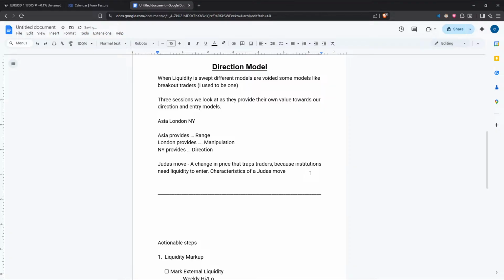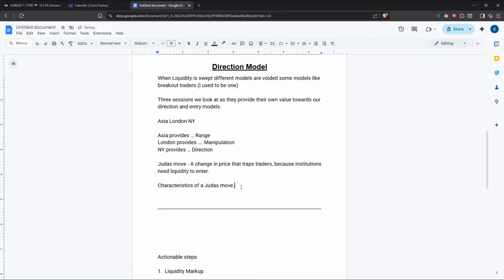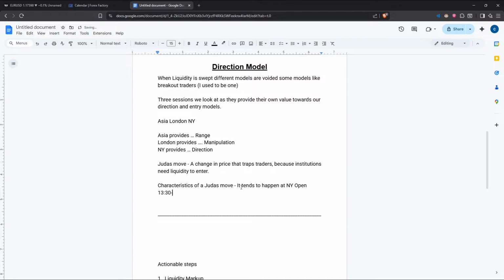Characteristics of a Judas move: time. How do I do this? Maybe another line. Yeah, let's do another line. It tends to happen at New York Open, 13:30 to about, let's say, 14:15.